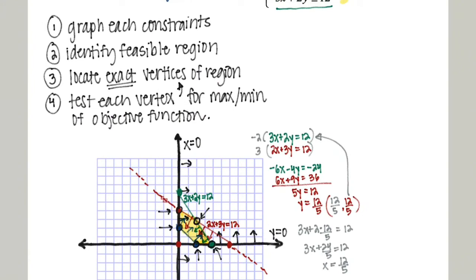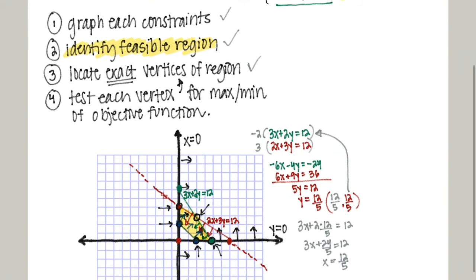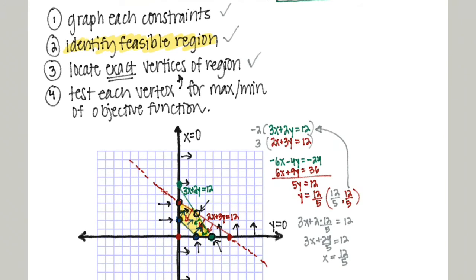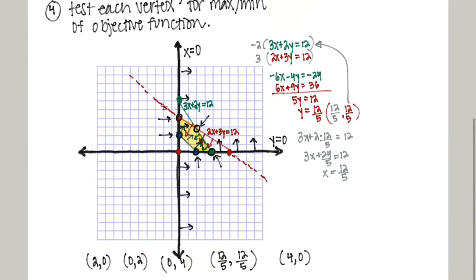So let's quickly go back and see what we've done so far. We've graphed each constraint. We've identified the feasible region. That's what we shaded in yellow. That's important for you to shade that. Locate the exact vertices of the region. We've done that. And now we need to test each vertex for the maximum of the objective function.